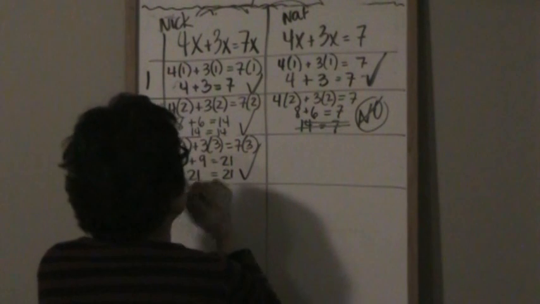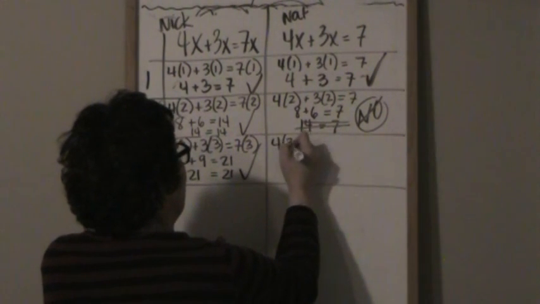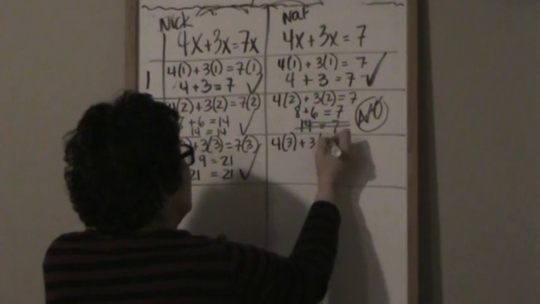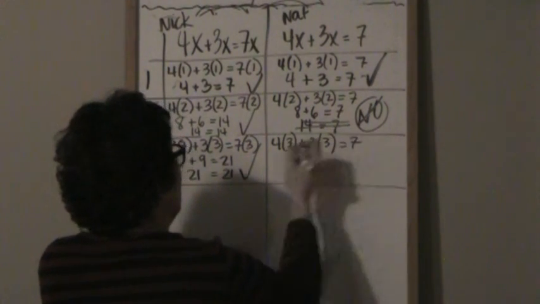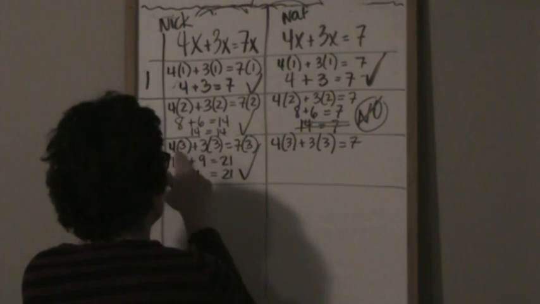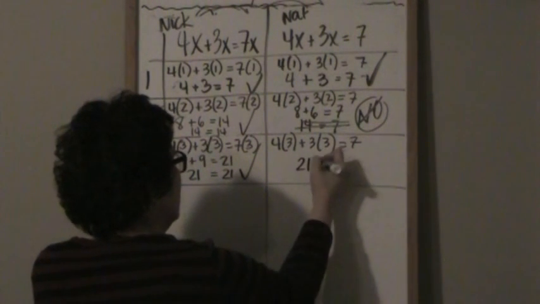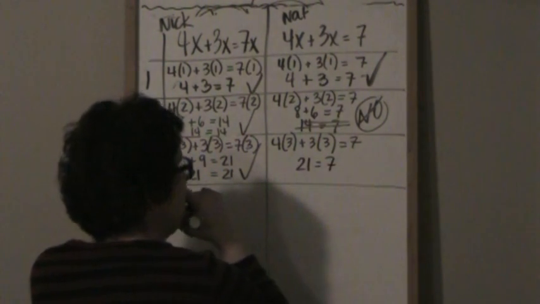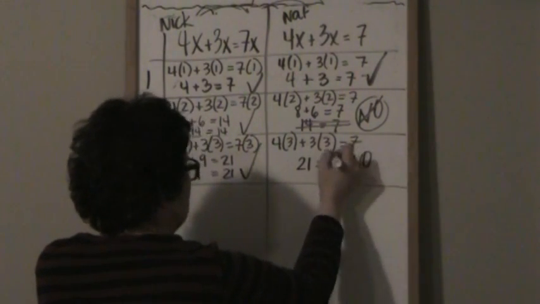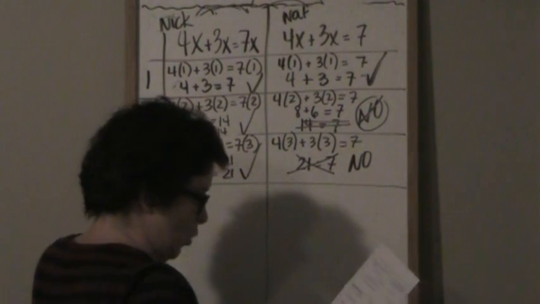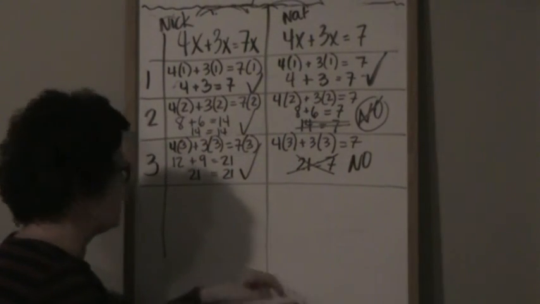Let's see if Natalie's works with our 3. I'm going to come over here and shortcut again, because when Nick did 4 times 3 plus 3 times 3, he got 21. And does that equal 7? No.